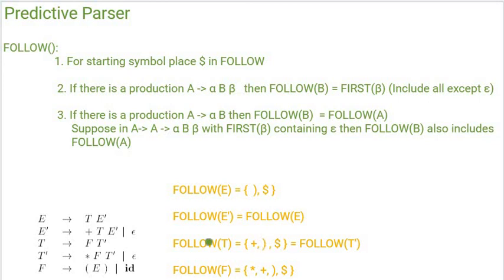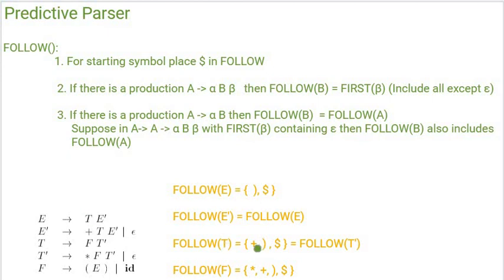Okay. So instead of epsilon, as per our third rule, suppose if first of beta contains an epsilon in it, then you have to also include follow of E. So since the first of E dash contains epsilon in it, we have to also include follow of E in follow of T.